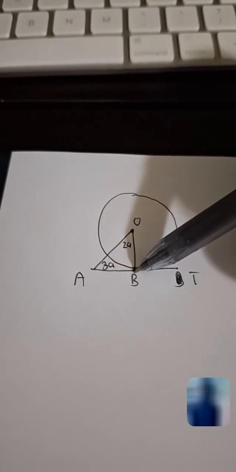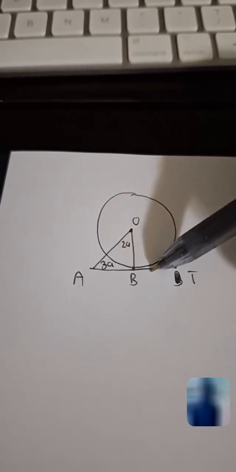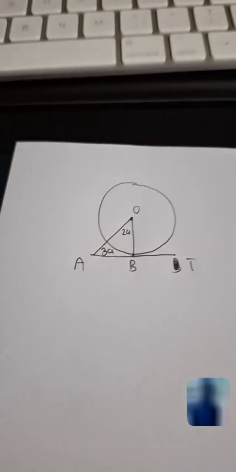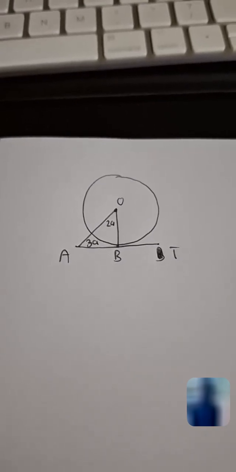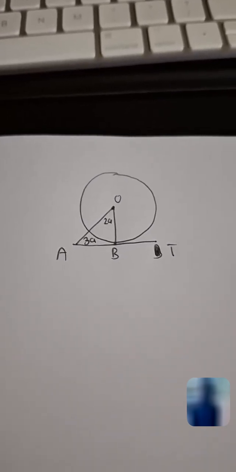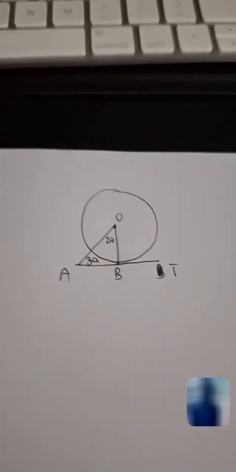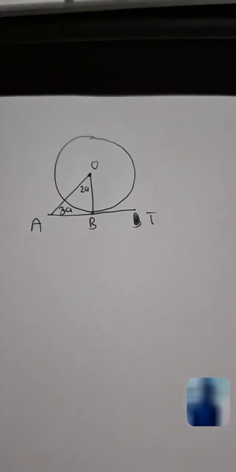You see, this is point B, but then angle B is everything here. I'm talking about outside. If you are talking about the outside, you must use your letters to specify that angle that you are talking about.